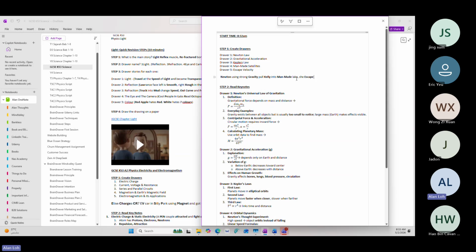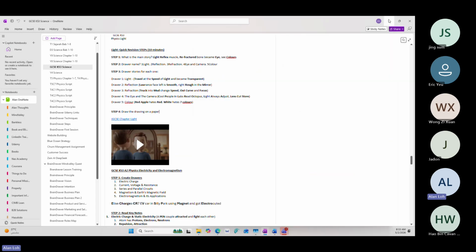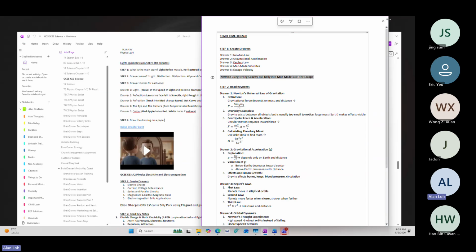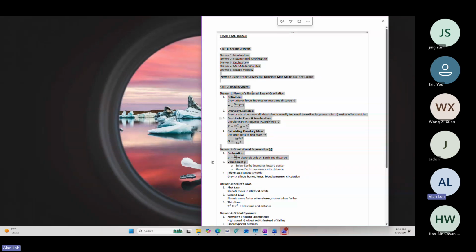And I created this very short story to help you. Let me remove this so that you will not be confused about which one to focus on. Right here, right? Whoever was confused just now, I was reading from here. So the story that helps you remember the 5 drawers in sequence is this.